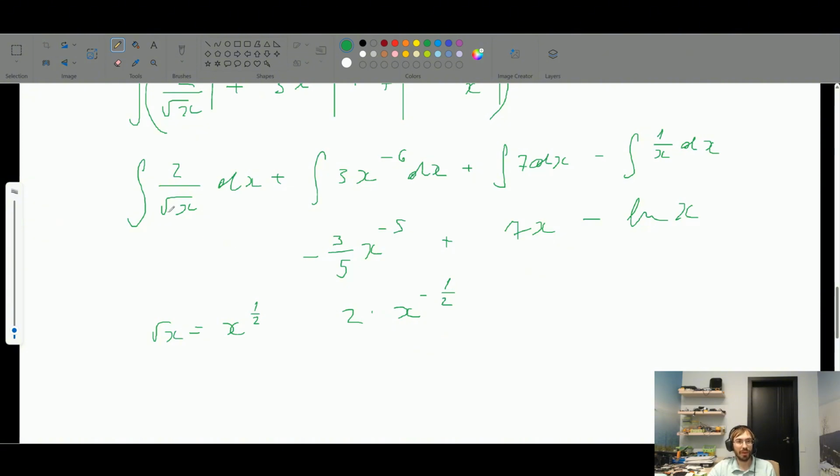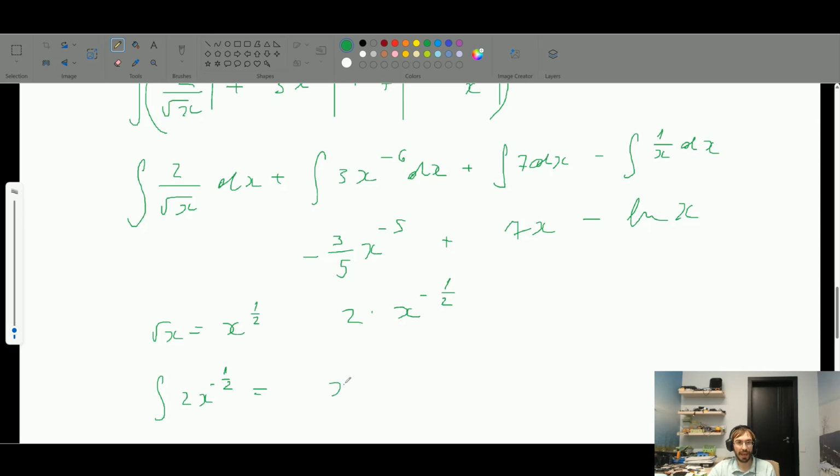So therefore 2 over root x can be rewritten as the integral of 2 times x to the power minus 1/2. After we rewrite it in that form, everything becomes easier since we can integrate this using our normal rule.